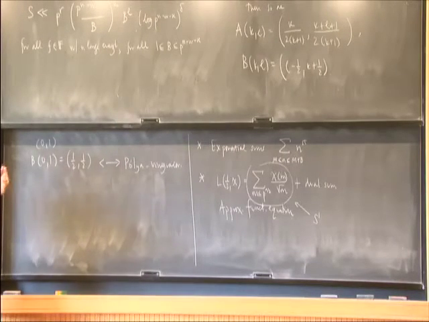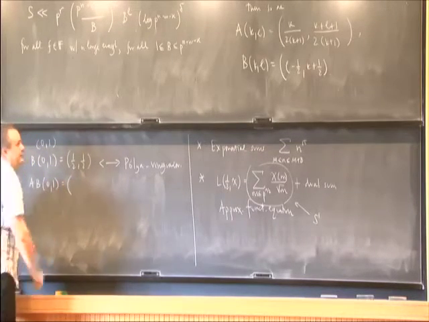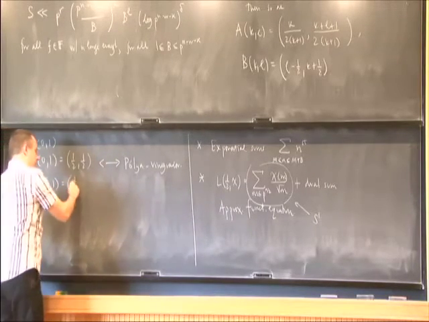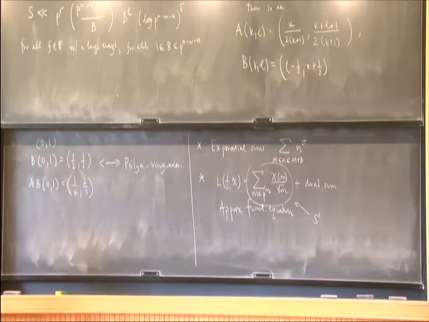Now, if you apply the B process again, you go back to 0, 1. So that's not good. But you can apply the A process to this, and then you get 1/6, 2/3. Okay, and then you can play with this a little bit more.